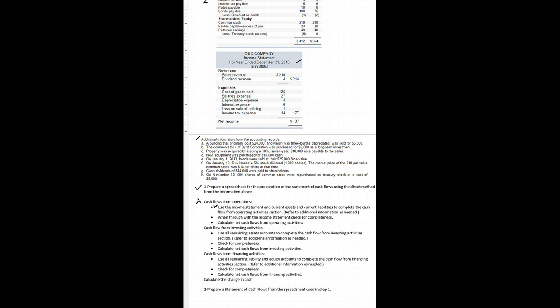Once we've figured out the change on the income statement accounts and the current assets and liabilities, we'll go through and check for completeness. I'll be sure and point that out when I'm doing that with you. And then we'll finish up this first section by calculating the net cash flows from operating activities.